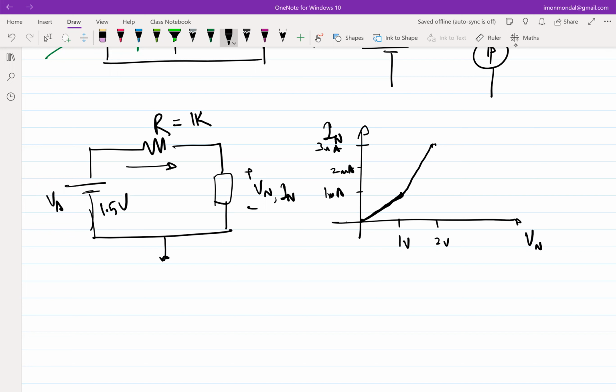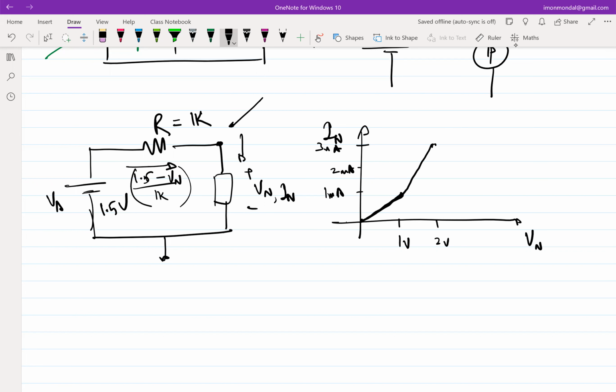So don't bother with the jargon, but what he's essentially saying is that I know the current through this is some In. If I apply a KCL at this node, what is the current that is flowing in? The current that is flowing in is 1.5 minus Vn by 1K. If I equate this current to the Vn to In characteristic, then essentially I should get In.